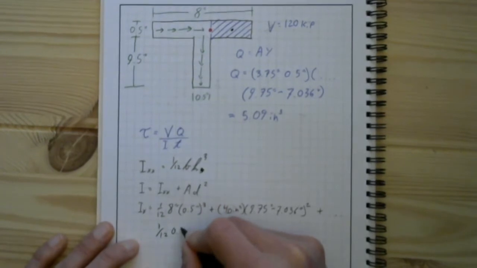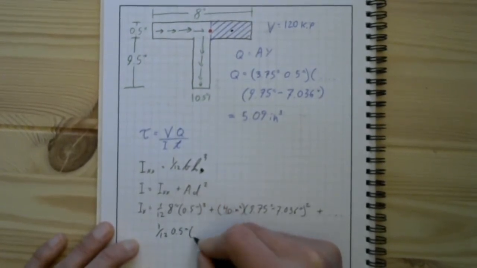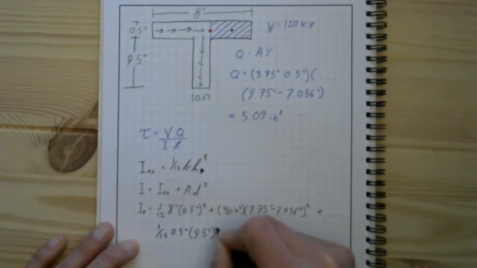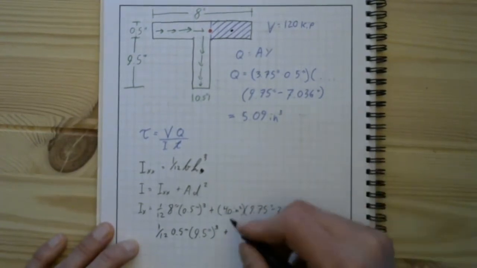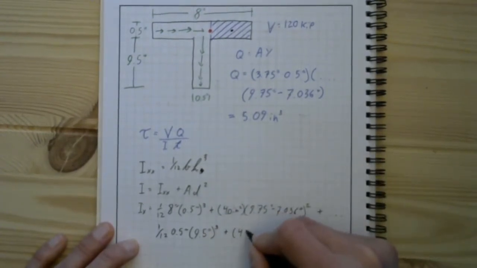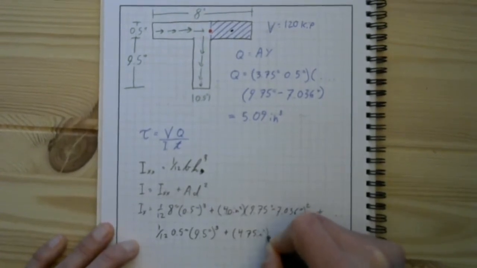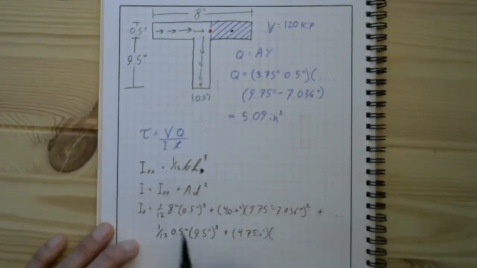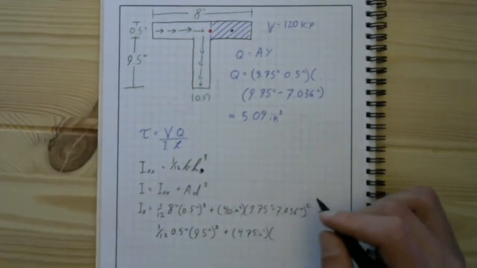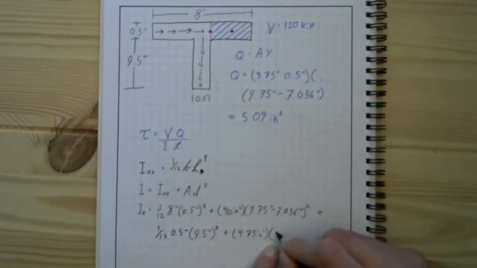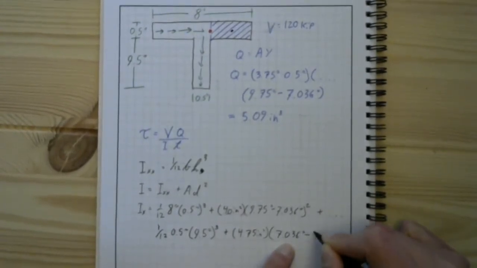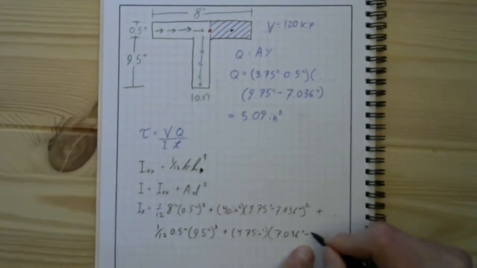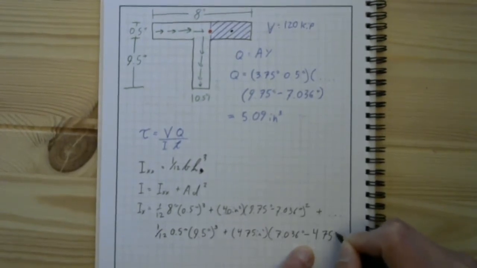The base here is 0.5 inches. The height is substantially more, 9.5 inches. Cube that, plus the area. The area is going to be 1/2 of 9.5, it's going to be 4.75 square inches, times the distance to the centroid, which is 7.036 inches minus 1/2 of 9.5, which is 4.75 inches.